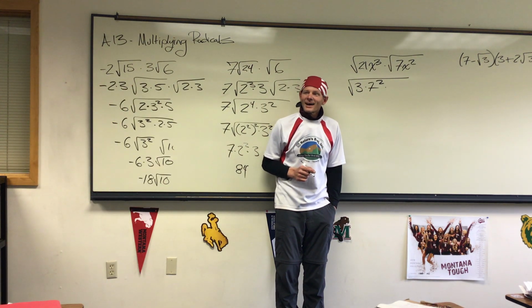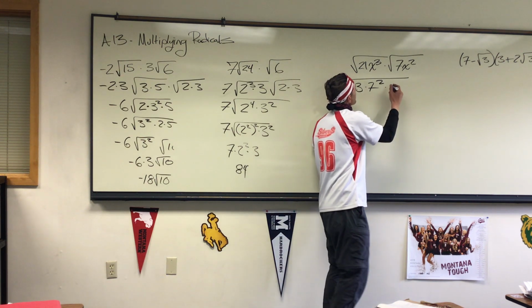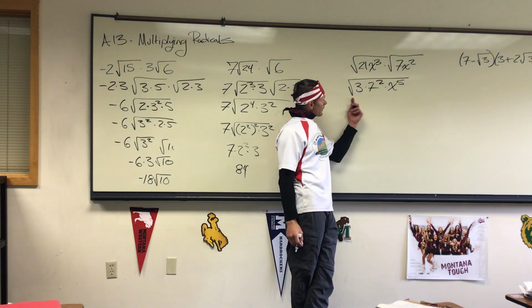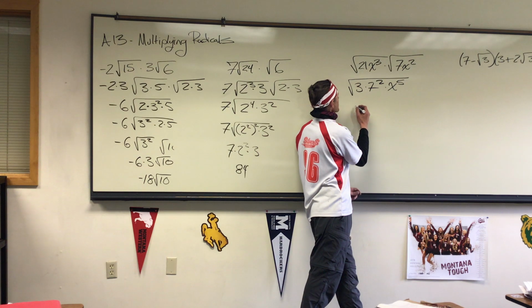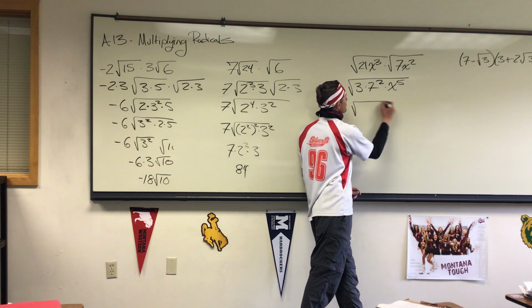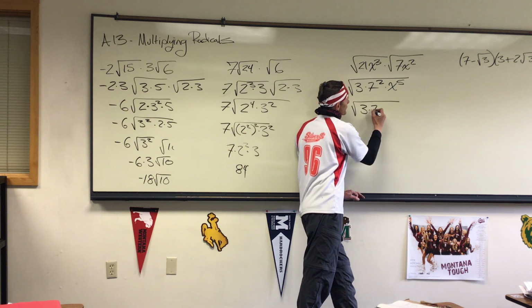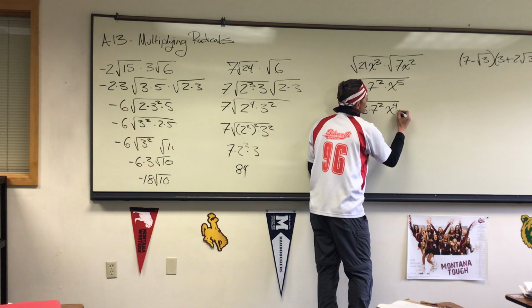Too much. Okay, 3 times 7 squared times x to the 5th is what we have there totally. Remember how we simplified these square roots last week? I'm going to rewrite this as 3 times 7 squared times x to the 4th times x.